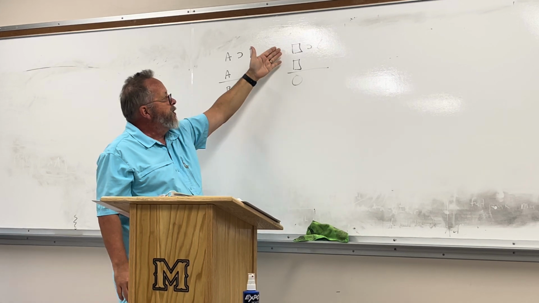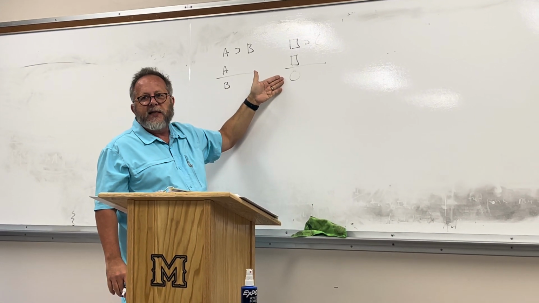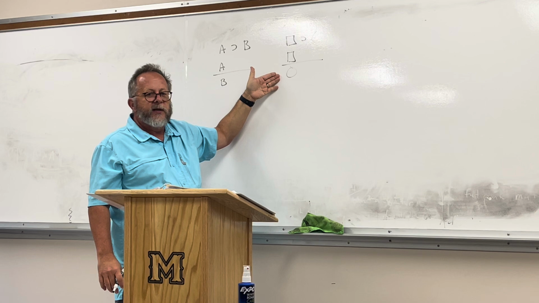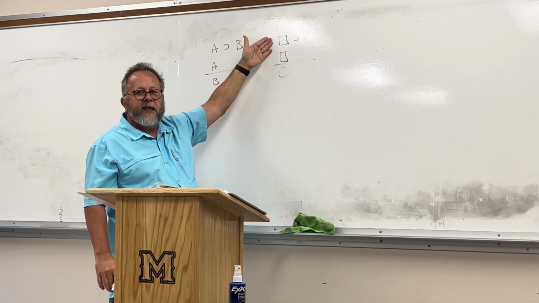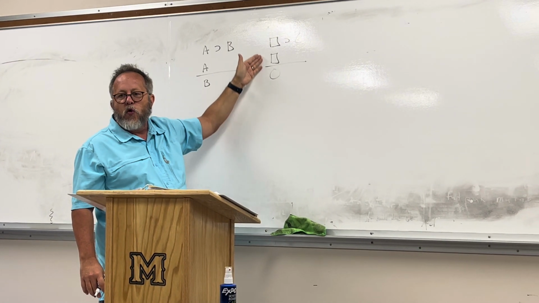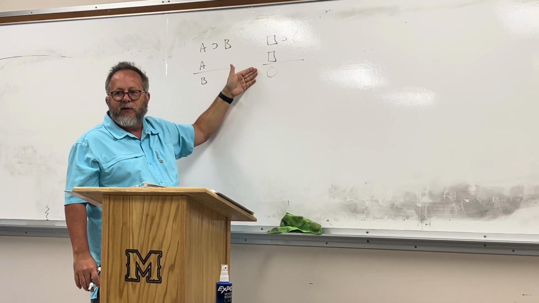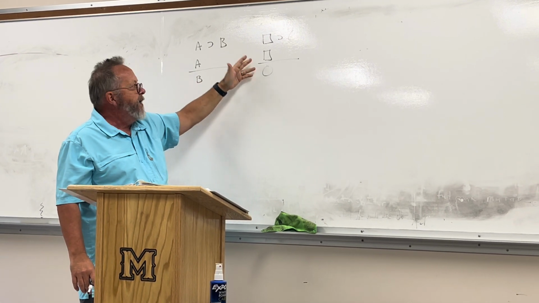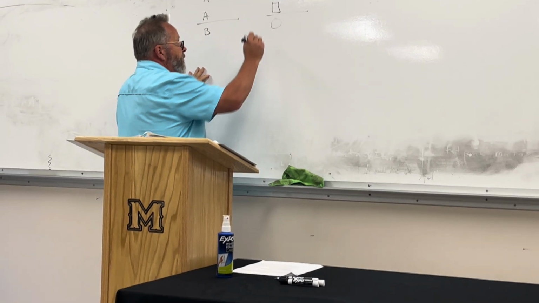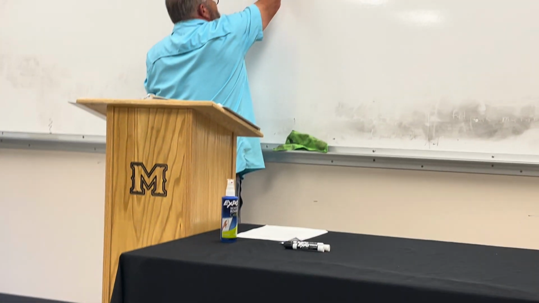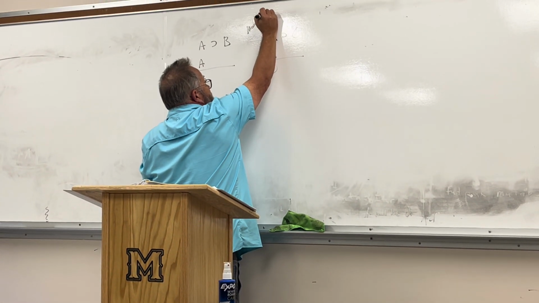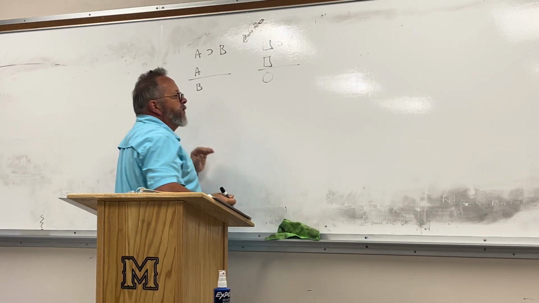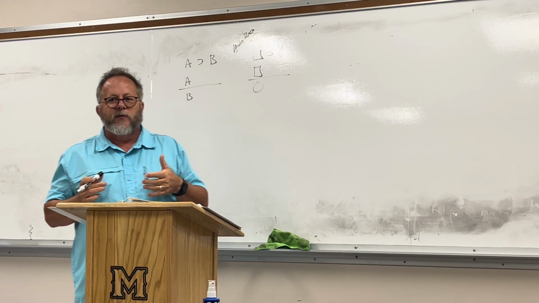It doesn't represent any particular argument, but it represents a kind of argument form. So we say that this is an argument form, and it's called modus ponens. You will learn the names of all these argument forms later.